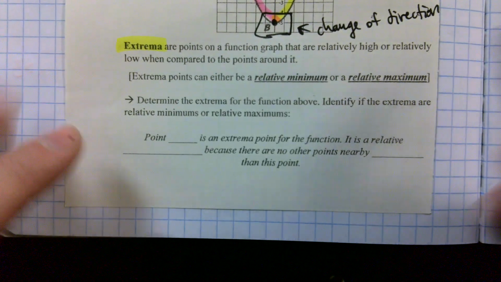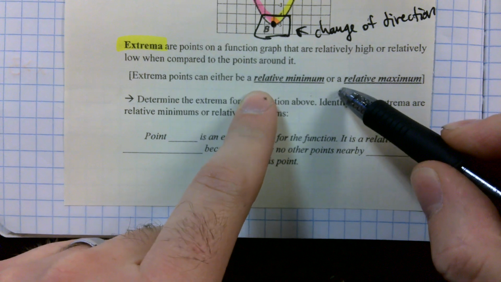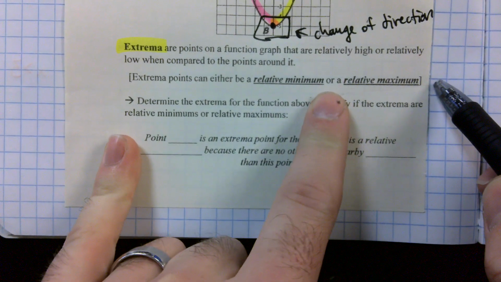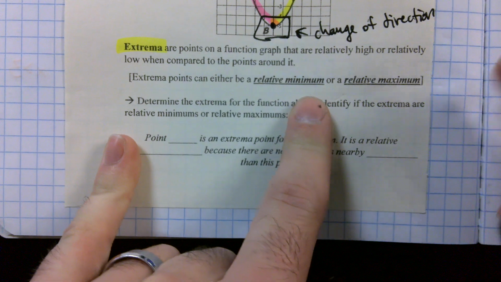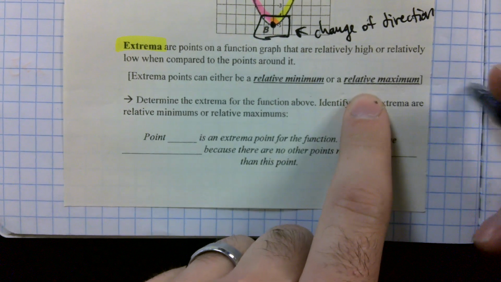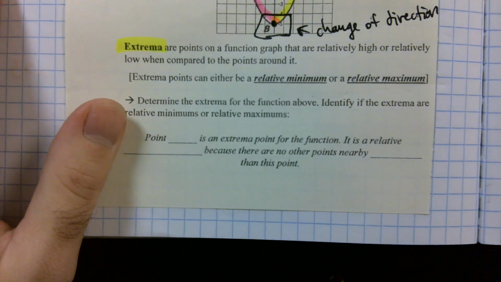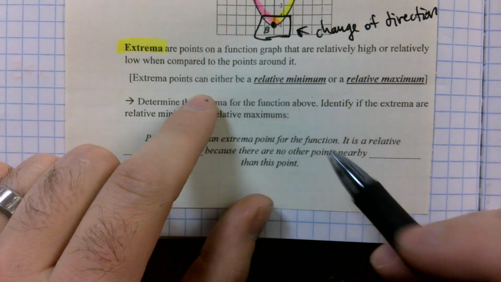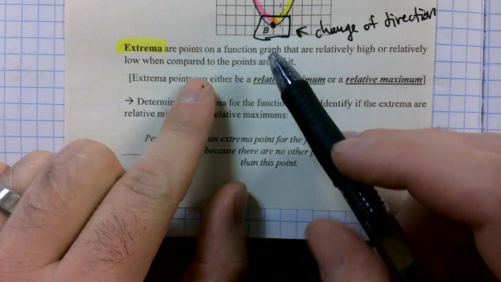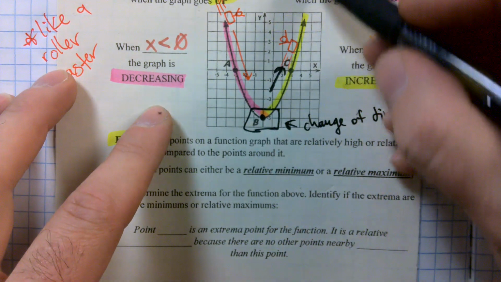Extrema points can either be a relative minimum, right? Or a relative maximum, right? What is minimum? The least, small, lower. Maximum, larger, higher, taller, yes. So if I'm looking at this curve, right, what's the lowest point of my curve?